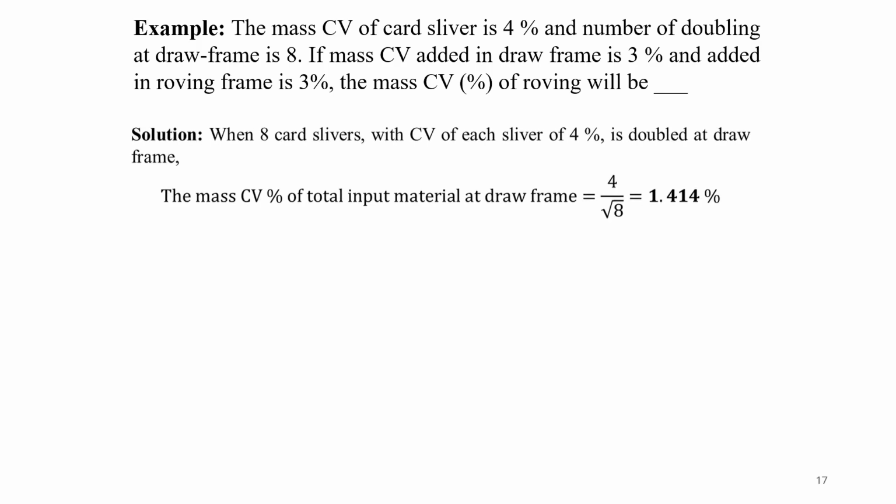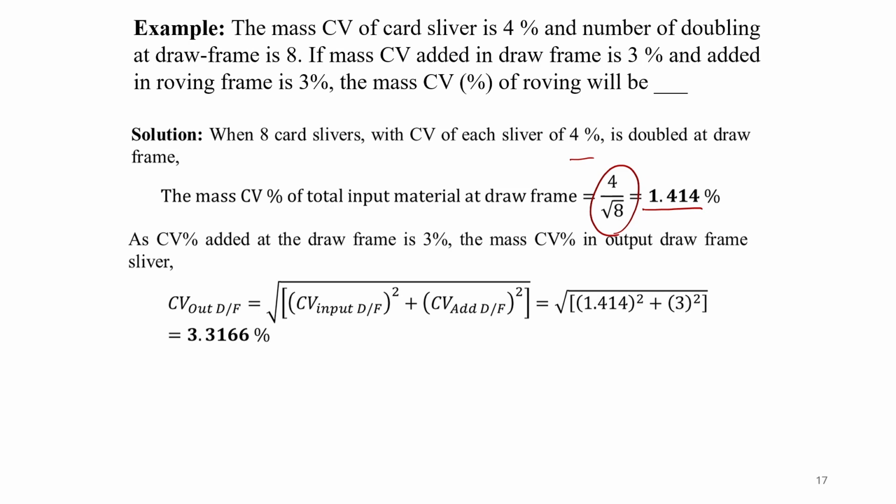So, 8 card slivers, with the CV percent of each sliver being 4%, are doubled. 4 by under root 8 will be 1.414, and then the CV added is combined. So the CV out, the output material of the draw frame, will be the CV percent of input in the draw frame, which is 1.414, and the CV added, which is 3%.